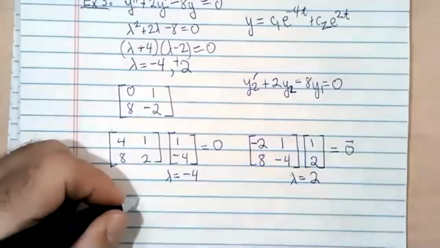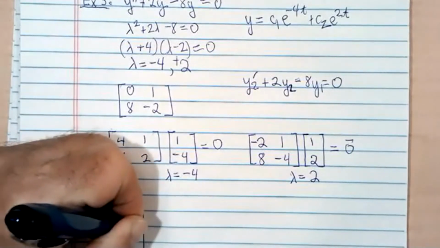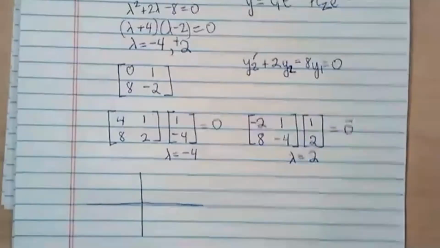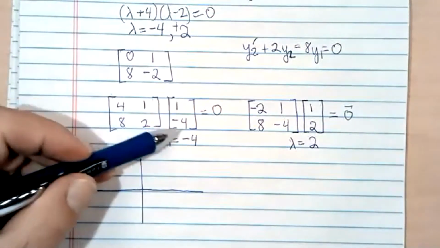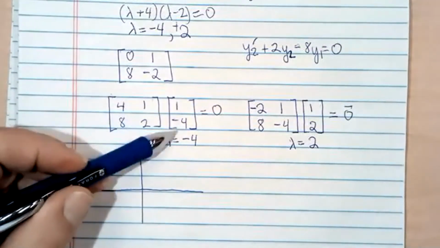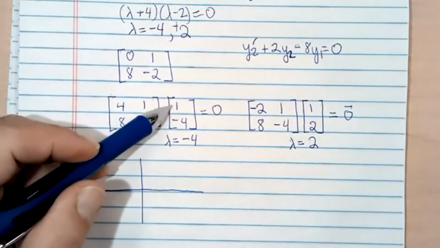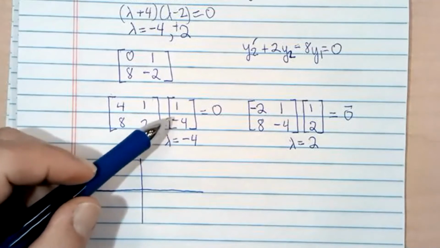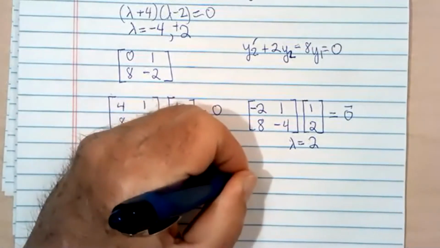Okay, now let's sketch our phase portrait if we can. This one is the vector 1, -4. So let's see, we have y equal to -4x.